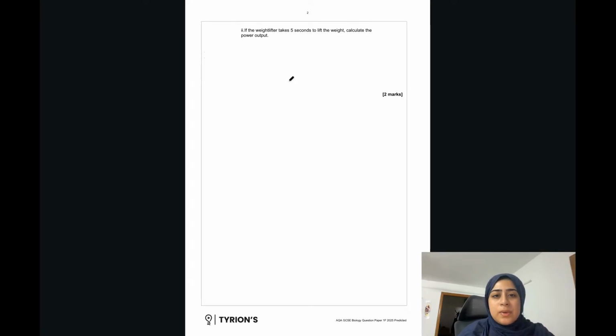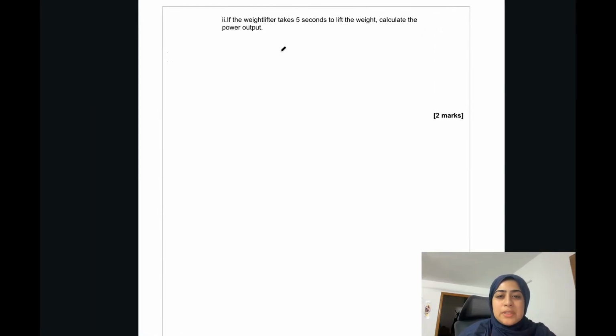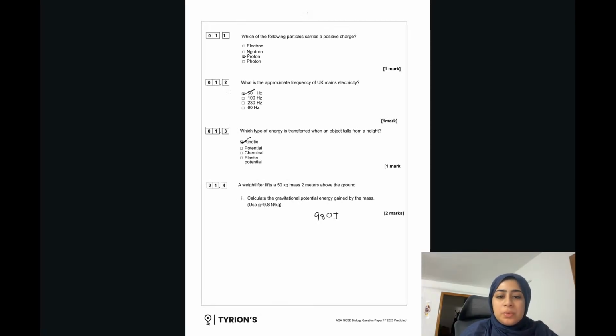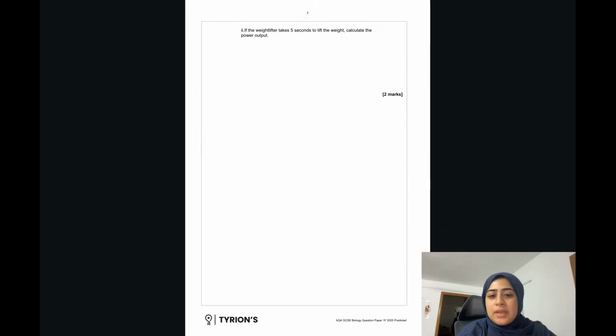So next question, if the weightlifter takes 5 seconds to lift the weight, what's the power output? Okay, so if he takes 5 seconds to lift, we know power is energy divided by time.